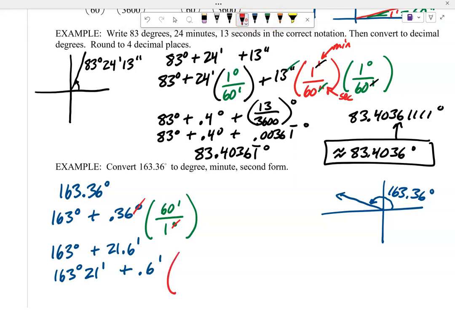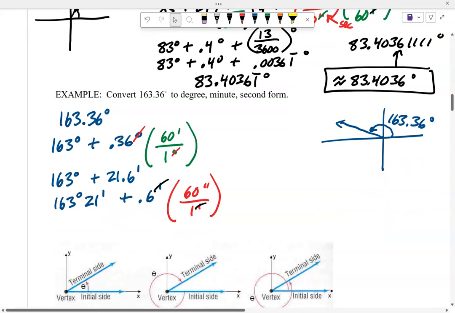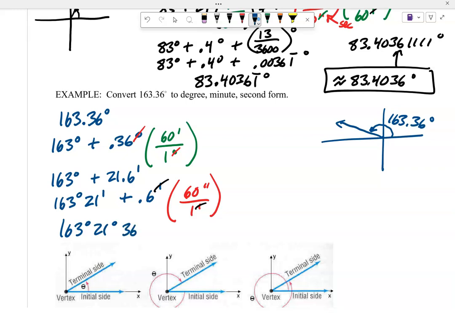So I'm going to convert that. There's 60 seconds for every 1 minute. See how I'm going to get rid of the minutes now? So I have 0.6 times 60, which gives me 36. Oh, I'm sorry, that's 36 seconds right there.